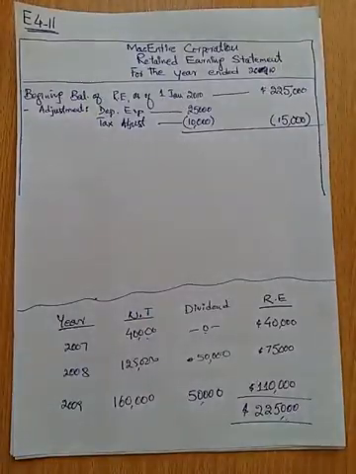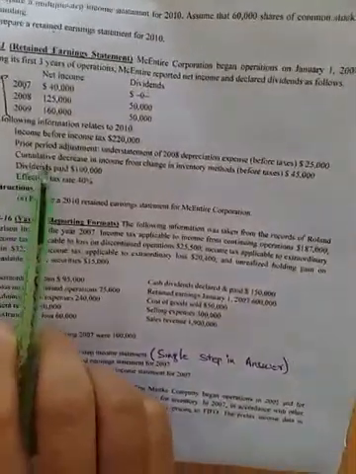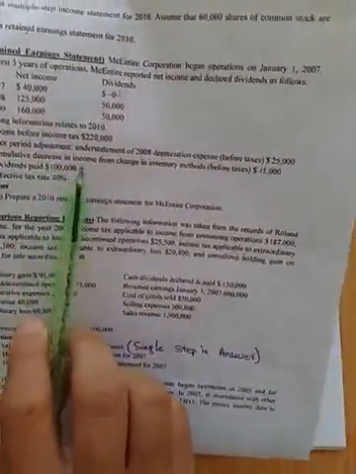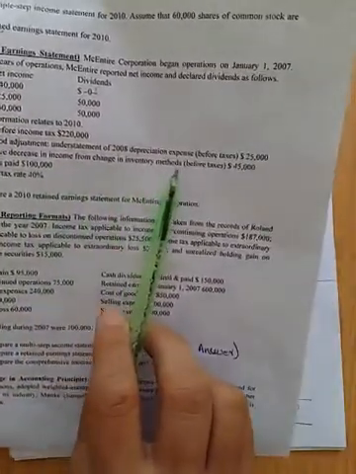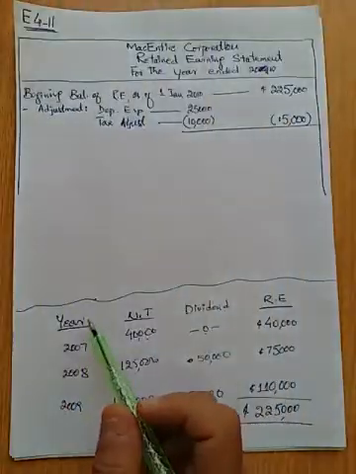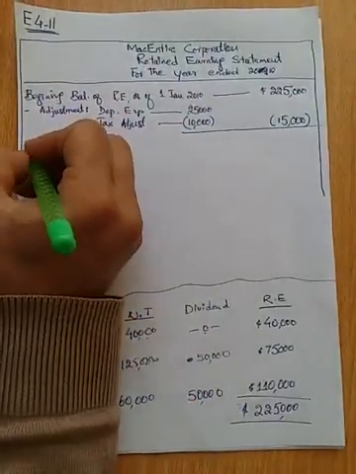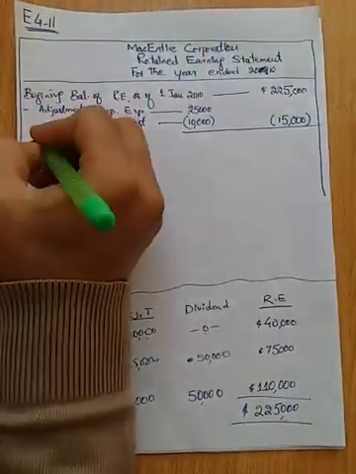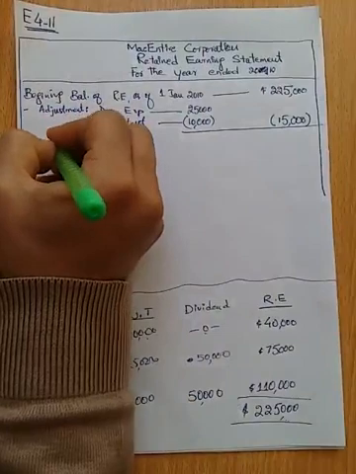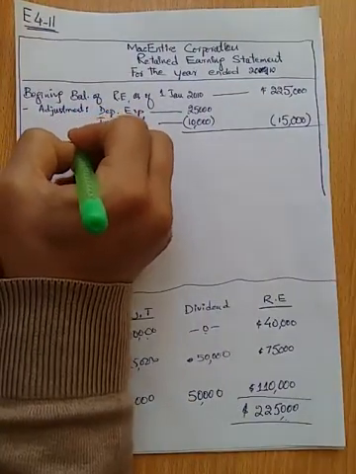Then the next adjustment was cumulative decrease. Decrease means minus an income from change in account inventory method, $45,000. Okay, so I will write here minus because it's a cumulative decrease, and I can write here adjustment if you wish to write the word adjustment, otherwise that's fine.